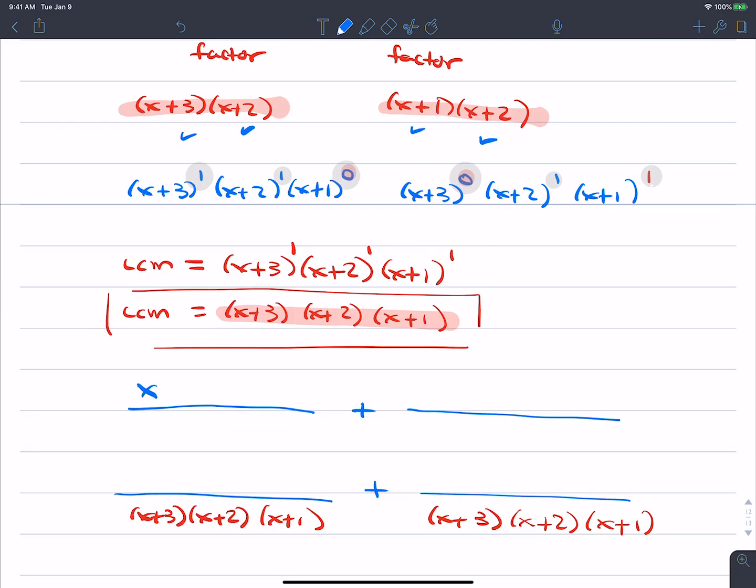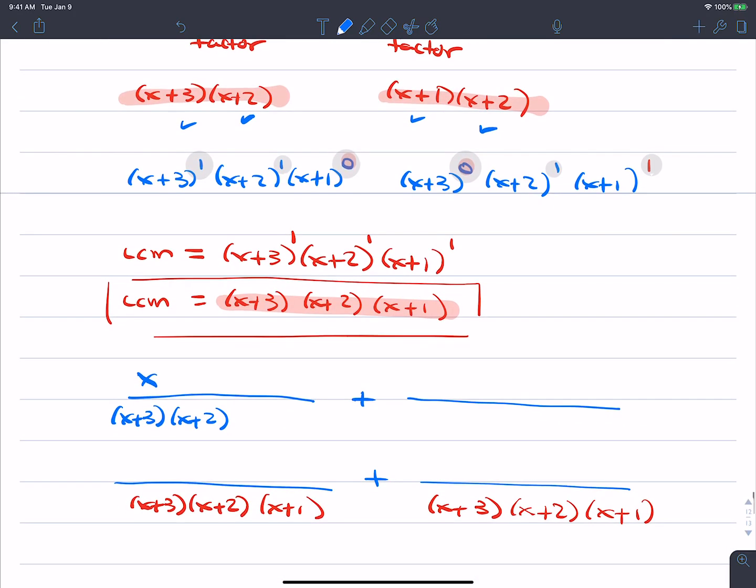We have x over x plus 3 times x plus 2, and we have 2 over x plus 1 times x plus 2.